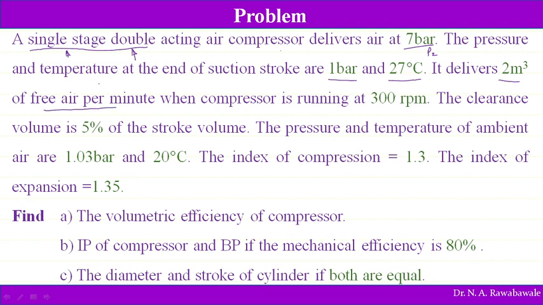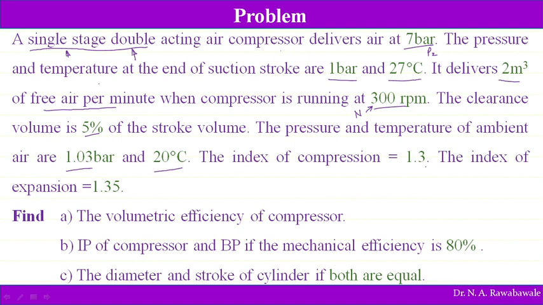The compressor is running at 300 rpm, so speed n is equal to 300 rpm. The clearance volume is 5% of stroke volume, which means clearance volume divided by stroke volume is 5%. The pressure and temperature of ambient air are 1.03 bar and 20 degrees Celsius.